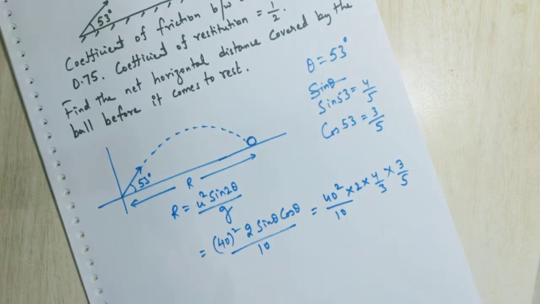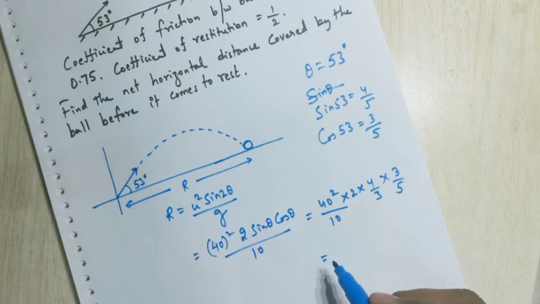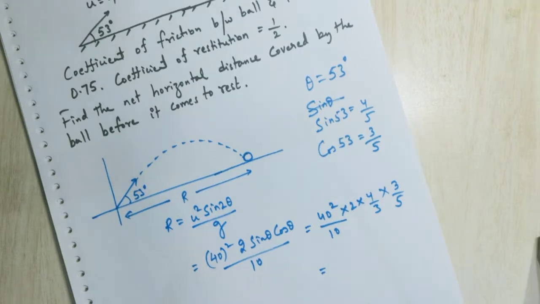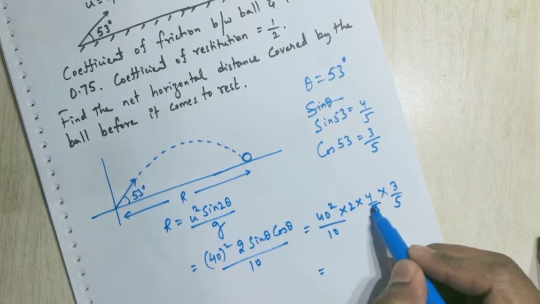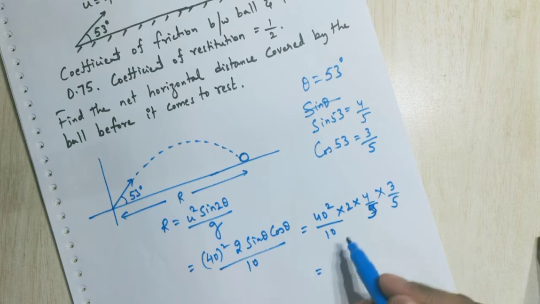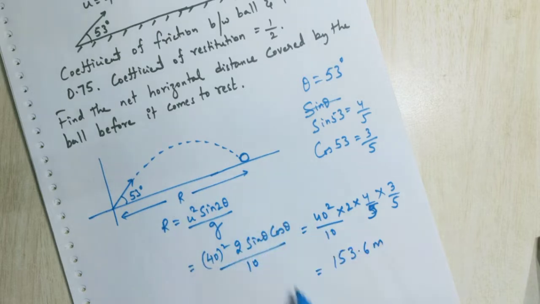So upon solving, this should be 4 by 5. Upon solving this you will get 153.6 meters. This is the range.